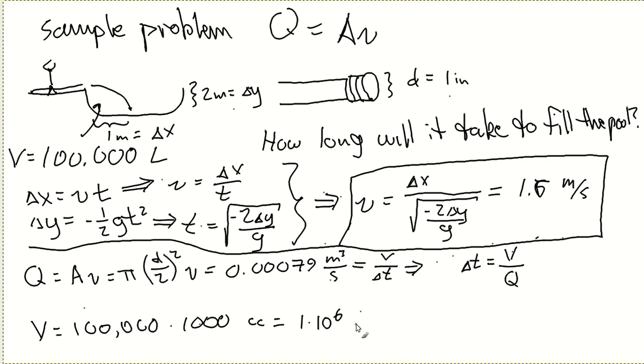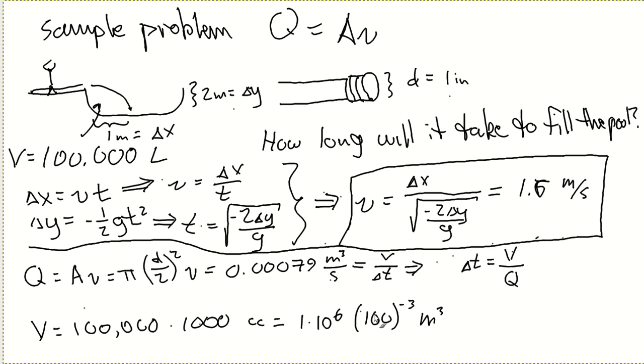To convert to meters, we divide by 100, but we need to do that 3 times because it's cubic centimeters to cubic meters. And so that's 10 to the minus 6 power.